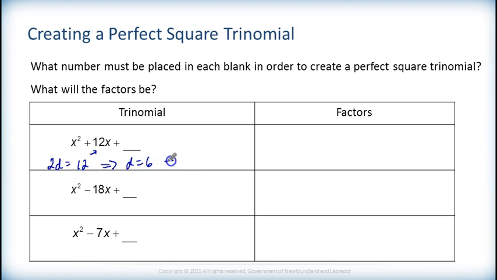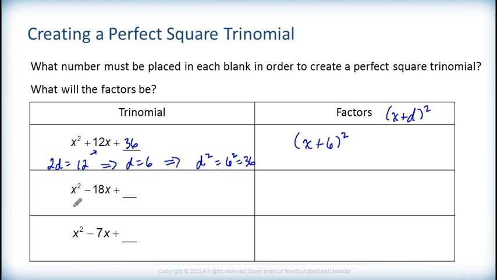Which means that d squared must be 6 squared, which is 36. That's what goes in the blank. The factors must have been, remember the factors are of the form x plus d squared. So our d is a positive 6, so it's x plus 6 squared.